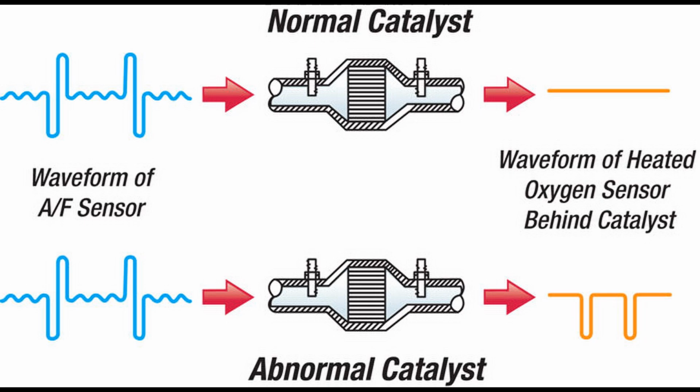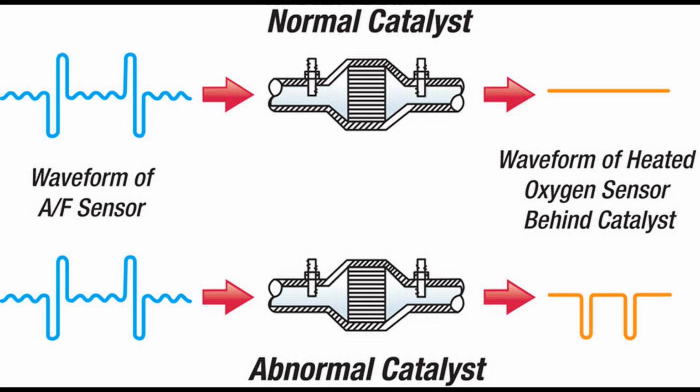So typically you are supposed to graph the parameter IDs, the two sensors. It's easier to see on a graph. When you see the graph, the upstream air fuel sensor should go up and down like a swirly line. That's what you want to see on a warmed up engine on a steady cruise.